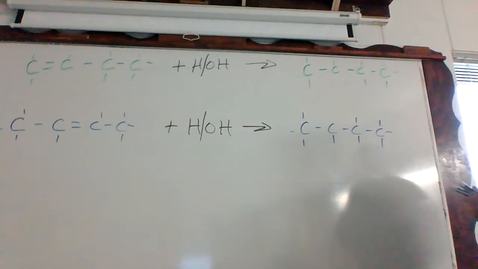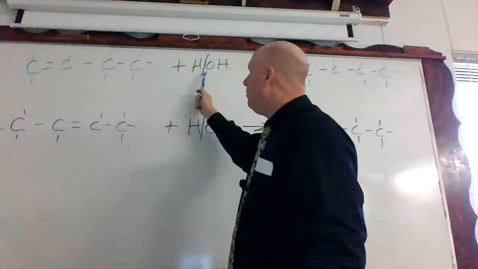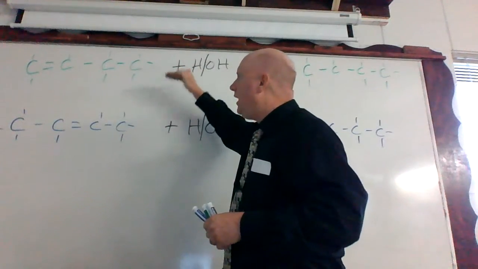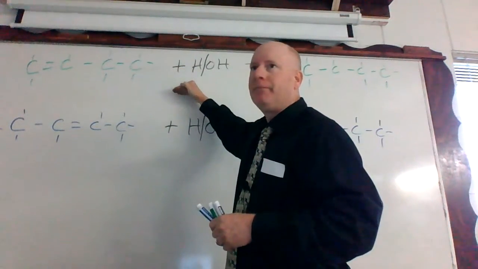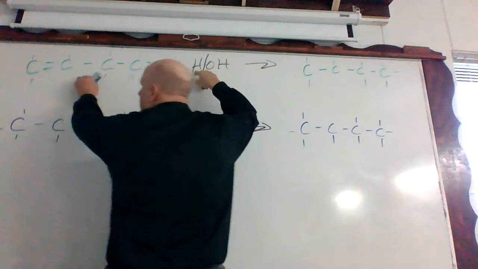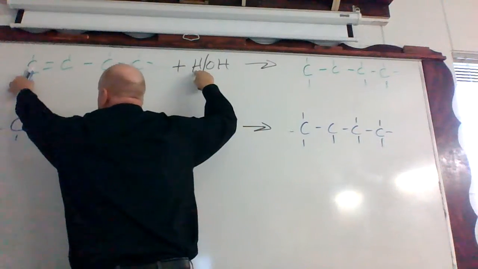Now, when we say the hydrogen gets placed on the compound that already had the most, that Markovnikov's rule is only going to apply to this top one, okay? Because this hydrogen is looking for, on this compound, which one had the most hydrogens to begin with.